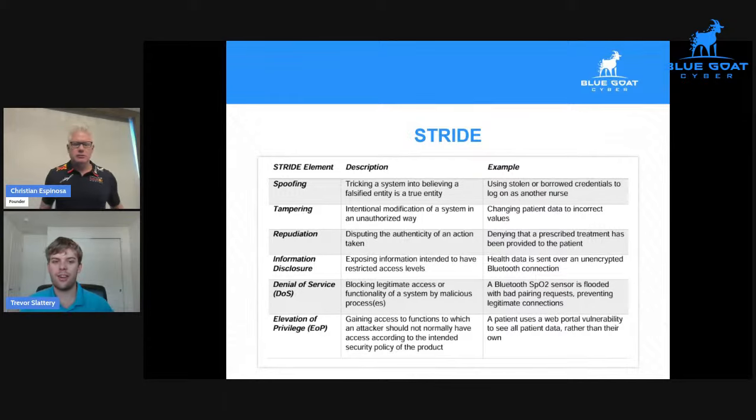Elevation of privilege is essentially access to information or functionality that you should not have. So this can be if you have no privilege whatsoever, you're an unauthenticated user, seeing credentialed information, seeing authenticated functionalities, and being able to interact with things that you shouldn't. This can also just be from one level of privilege to another. If you're a normal user, you shouldn't be able to access the administrative dashboard.